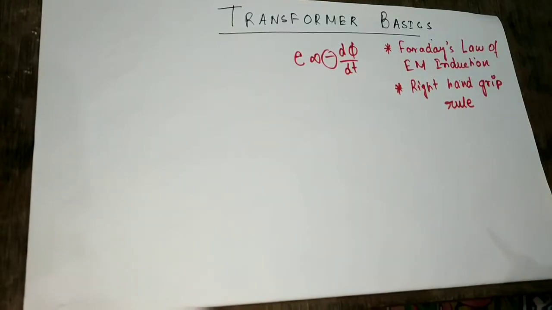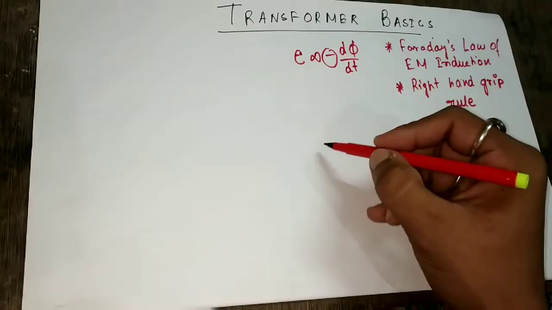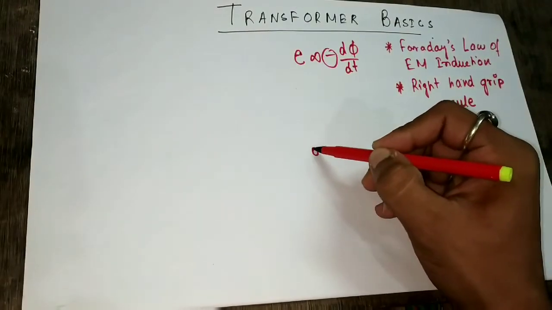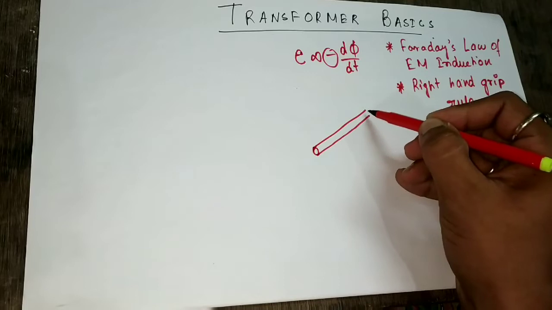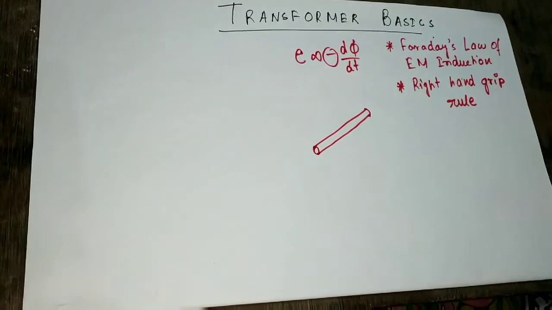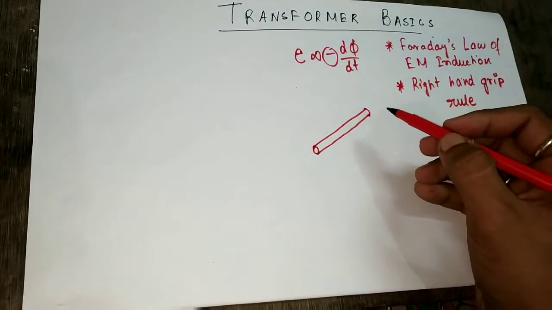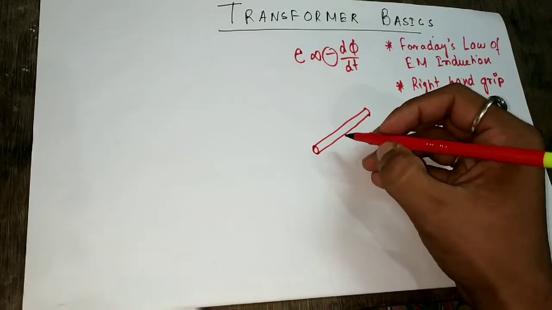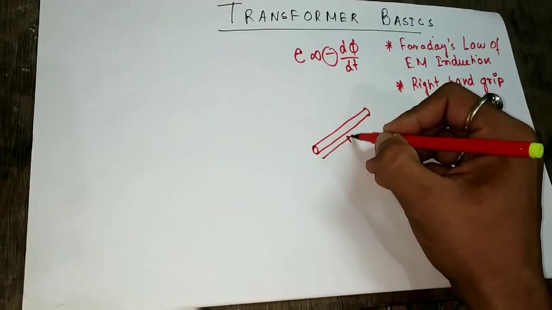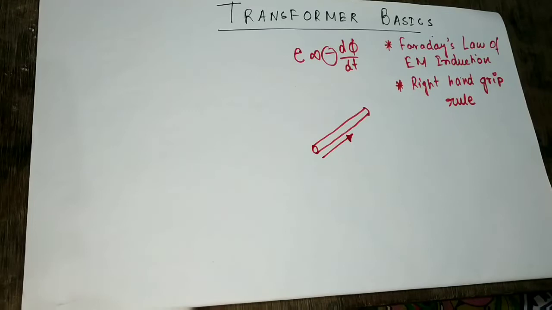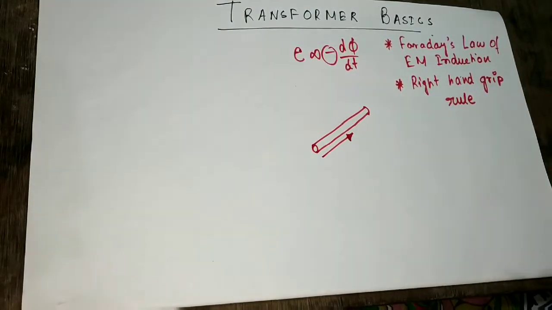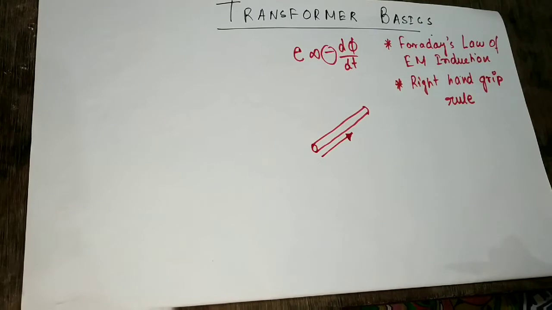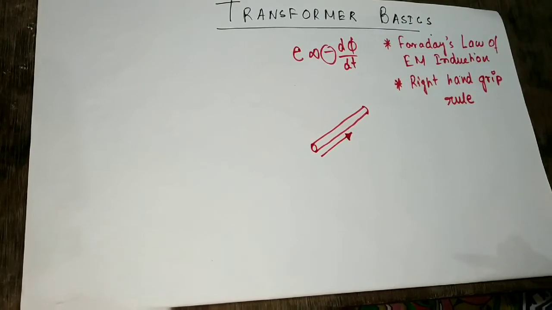And right hand grip rule is, suppose you have a conductor like this and the current flowing through the conductor is in this way. So we have the direction of the magnetic field around the conductor given by the right hand grip rule.